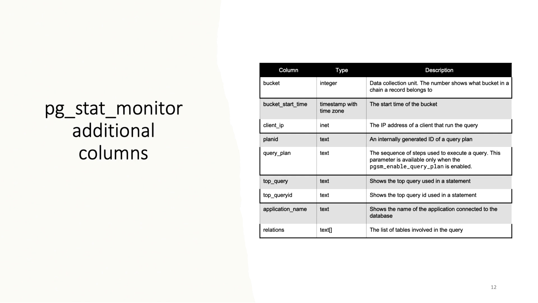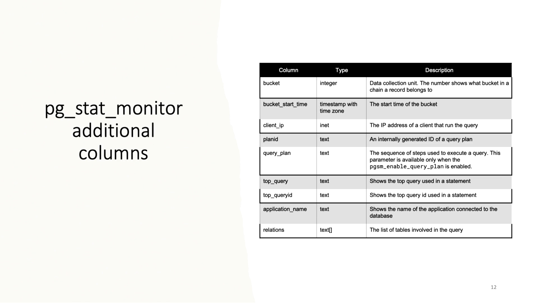PGStat monitor has some more columns than PGStat statement, as I told you. Some of the columns are the bucketing, which I will discuss next, the bucketing time, and the client IP, from where that query is coming. There's the plan ID, the planner, and the query plan, which will show you the query plan.